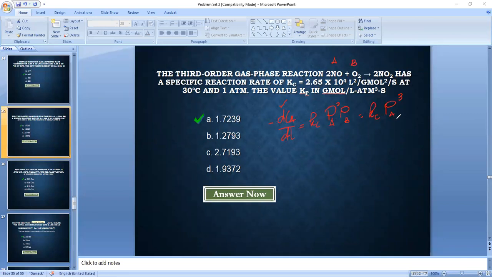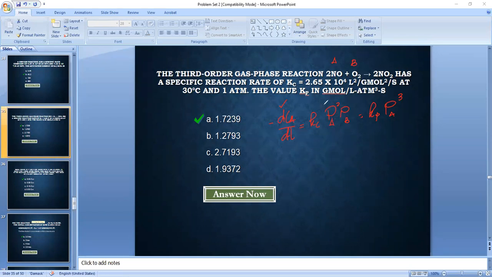How would you do that? How will you convert? This K sub C is to be converted. Now I erase it. It has to be converted to K sub P, because K sub C is only used for C sub A and C sub B. It's actually quite simple.